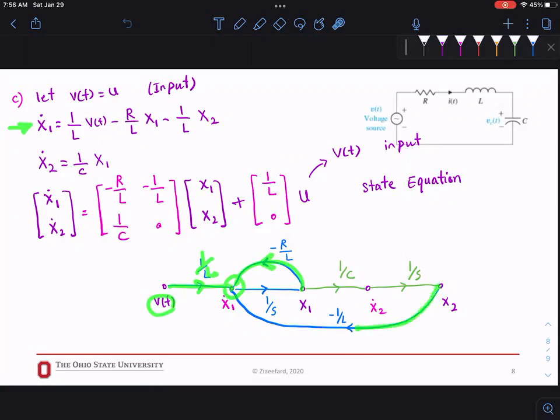So that was my x2, negative 1 over L. That is the first equation, x dot 1, and I'm done with that. For the second one, x dot 2 is 1 over C x1. So this is x1, connect 1 over C. That's it. I built that and I'm done. So that will be your full graph.